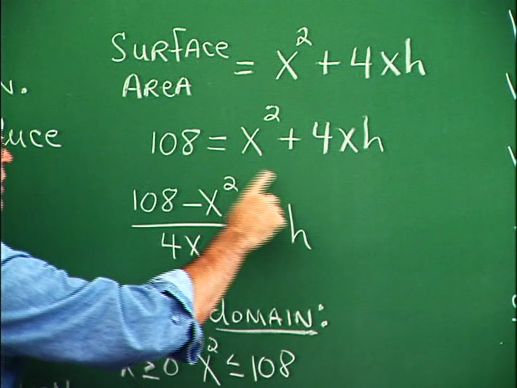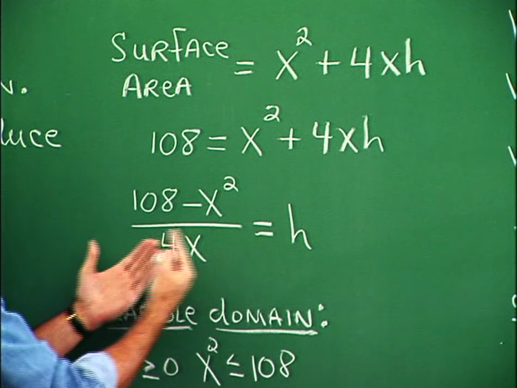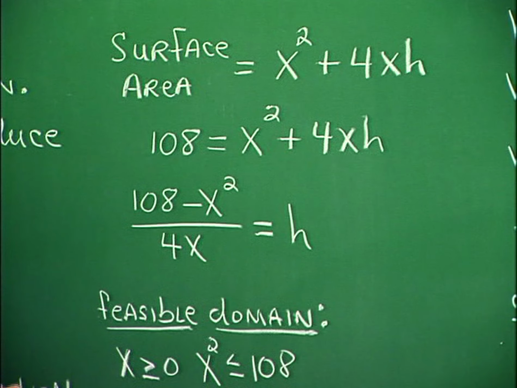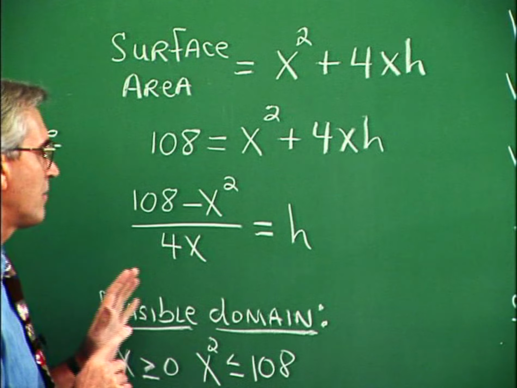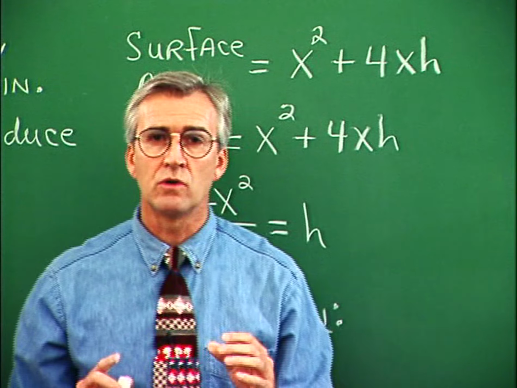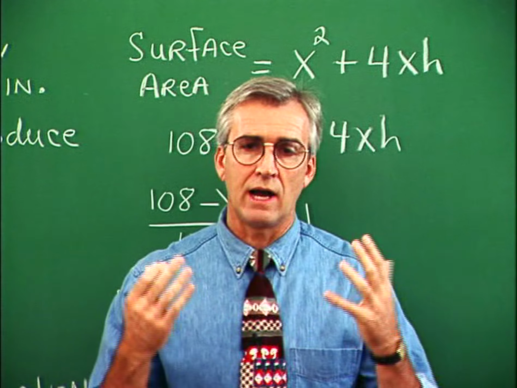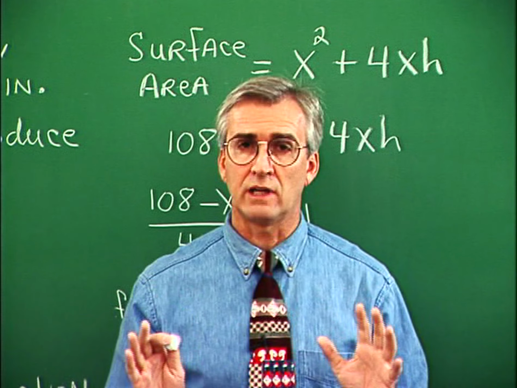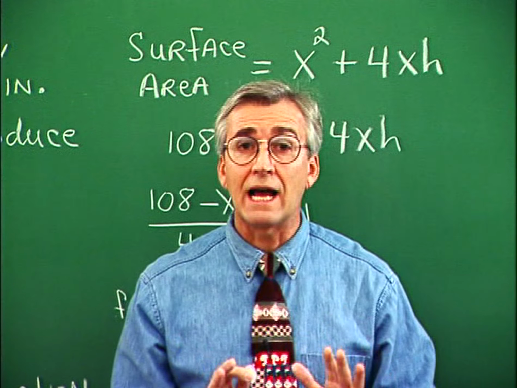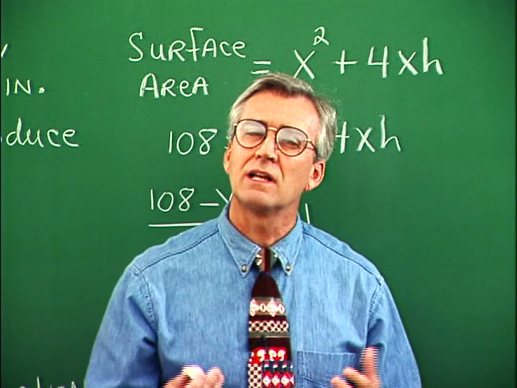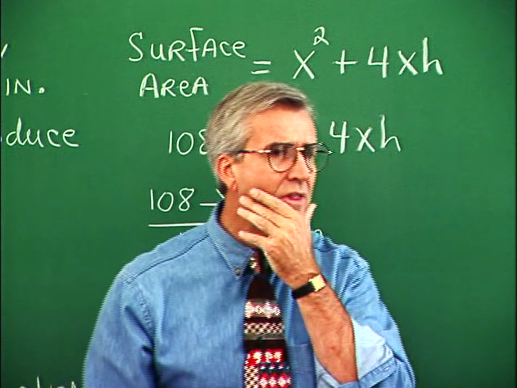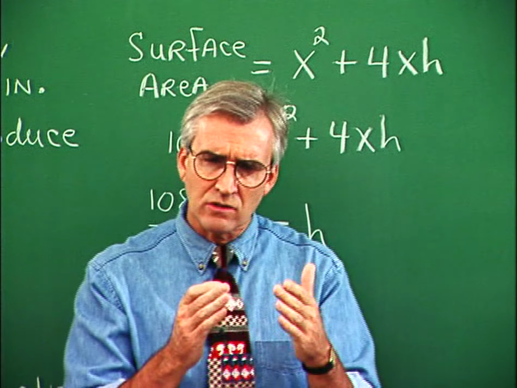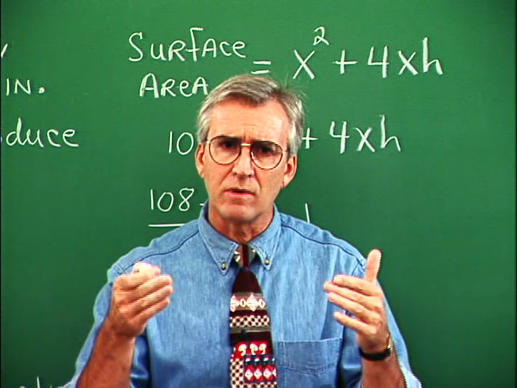Now, we're going to substitute this information back into the volume equation in just a minute. But at this point in the problem, it's pretty easy for us to write down or have some thoughts about the feasible domain. What are the realistic values for x in this problem? Well, we were told that x is the length and width of the bottom of a box.